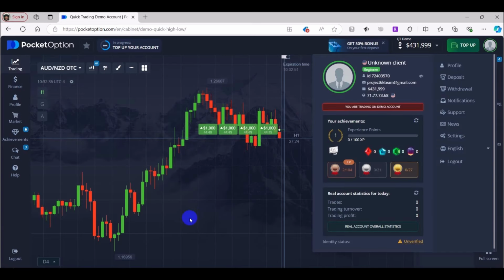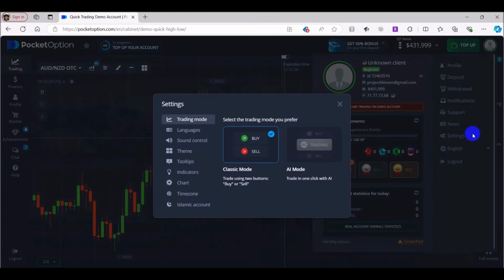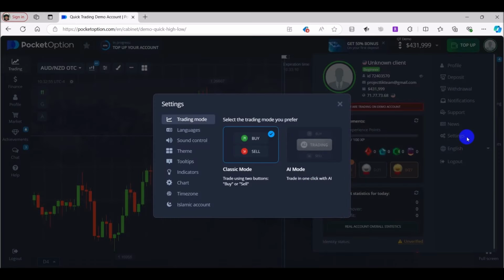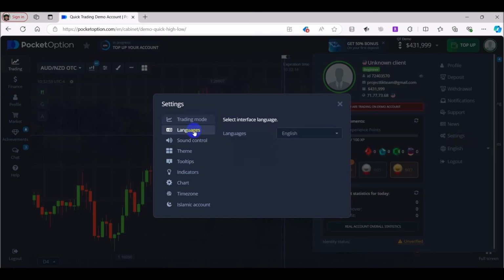I don't see it in the setting. Wait, I know we can make the candle colors different. Maybe language.